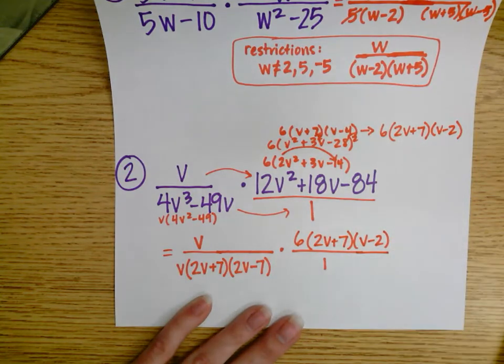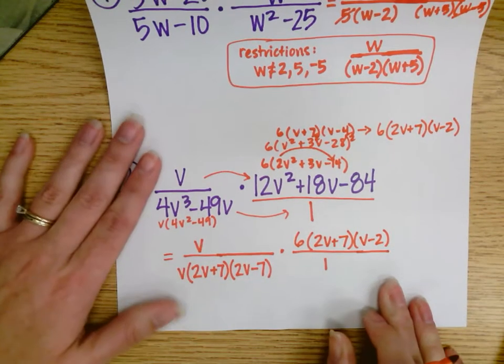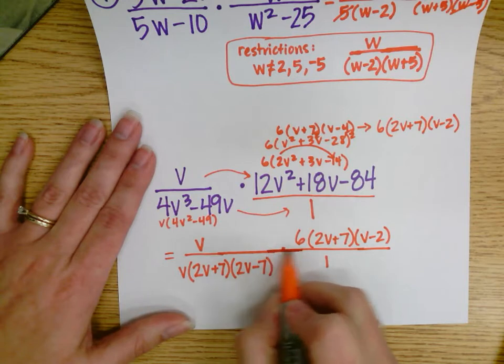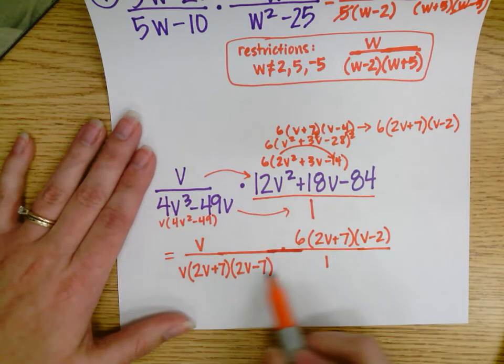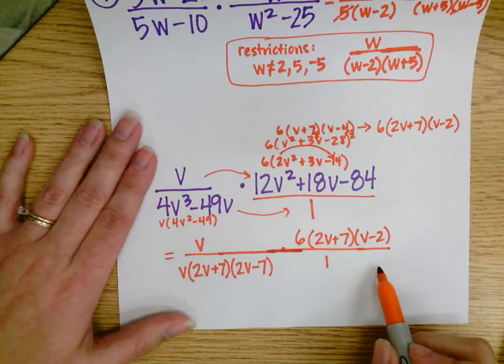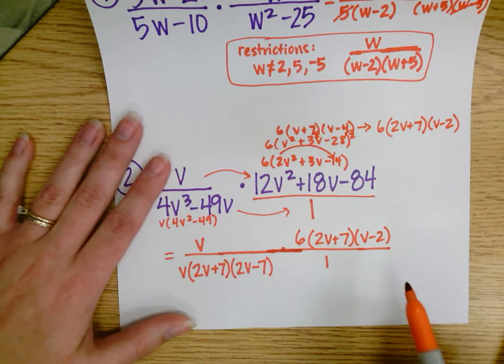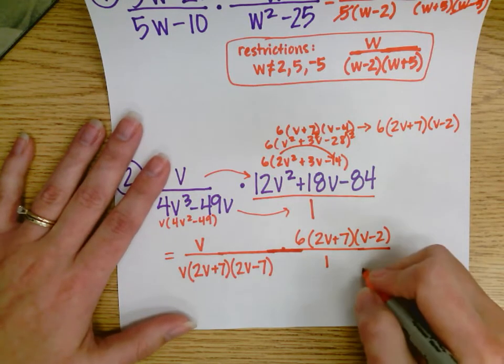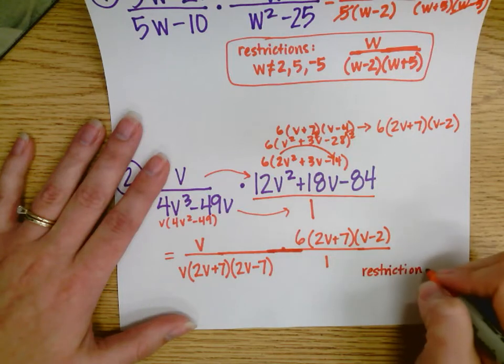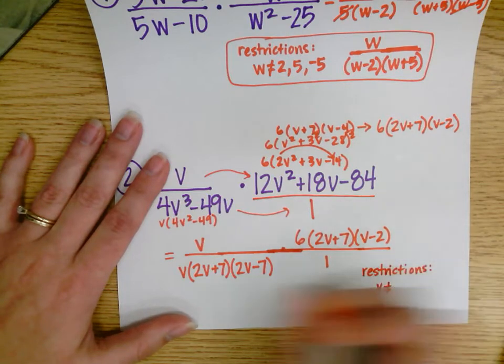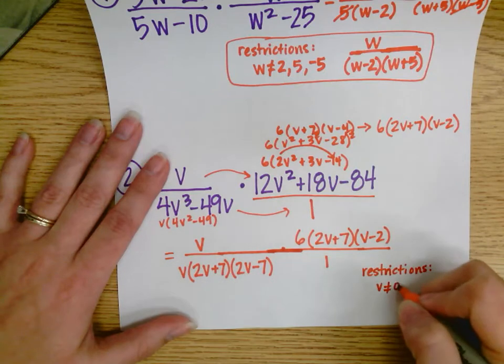Alright, and then remember we're going to connect these with one big fraction bar, and we can cancel anything in the big numerator, and that same anything in the big denominator. But before we do that, let's state our restrictions. So we have a few. I think we've got 3. V is not allowed to be, of course, 0.